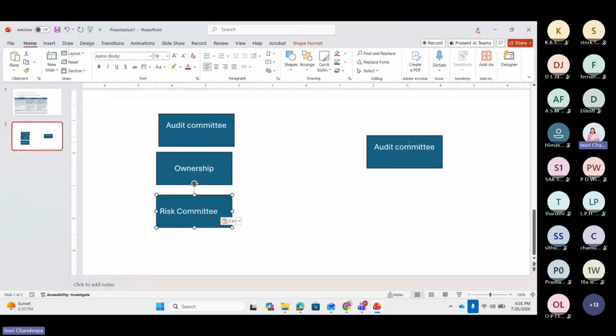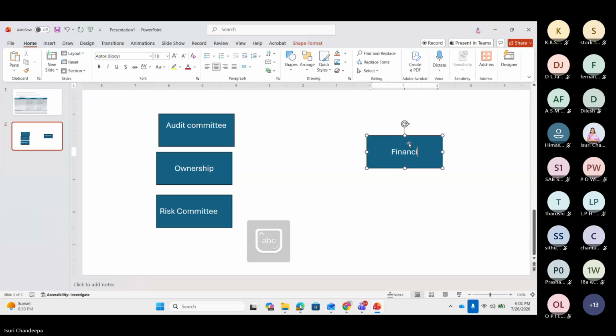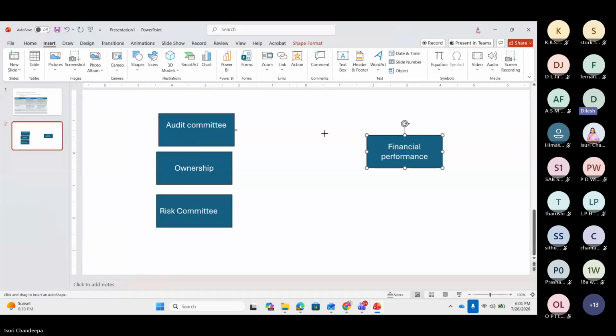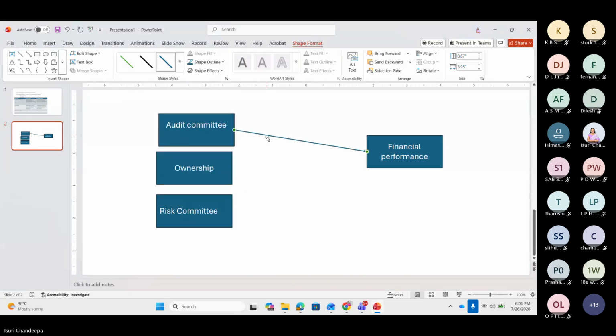And then financial performance. Right, you link audit committee to financial performance, and then ownership to financial performance, and risk committee to financial performance, and name these.